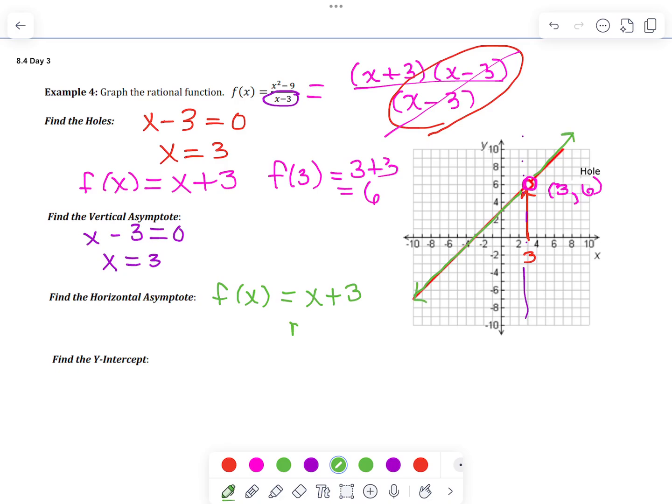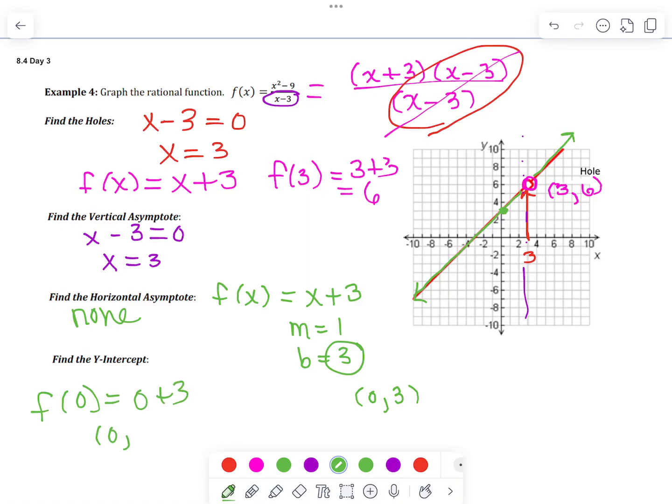It has a slope of 1 and a y-intercept of 3. So we do not have a horizontal asymptote. Our y-intercept is right here at 0, 3. You can evaluate the function for 0, and you get 0, 3.